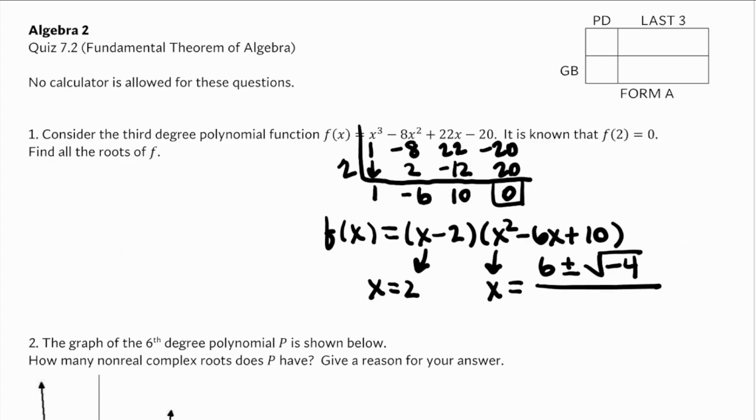And then the square root of negative 4, that's going to be the square root of 4 is 2, times the square root of negative 1 is i. So I've got here 2i. And then I can divide both of these by 2, and I'll have 3 plus or minus i. So those are going to be all the roots of the polynomial f.